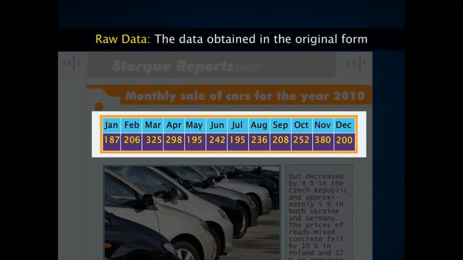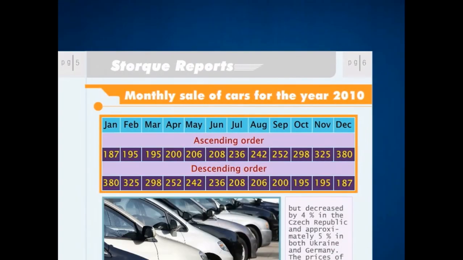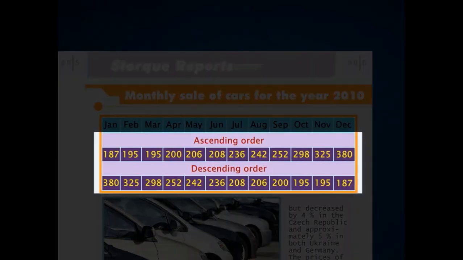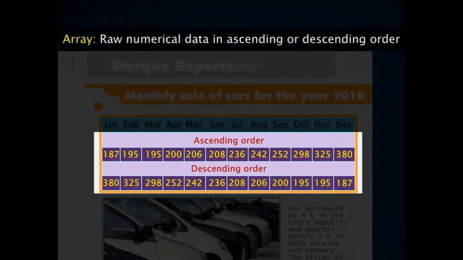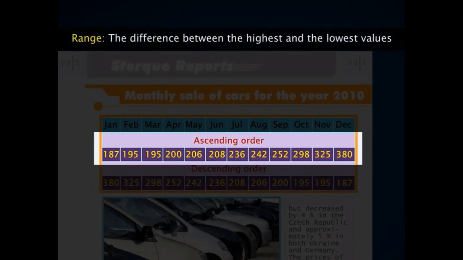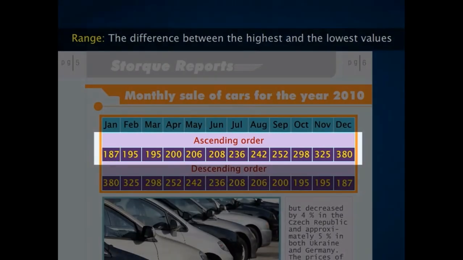Any data obtained in the original form is called raw data. The same data, when arranged in an ascending or descending order of magnitude, is called an array. In the data, the difference between the highest value and the lowest value is called the range of the data.